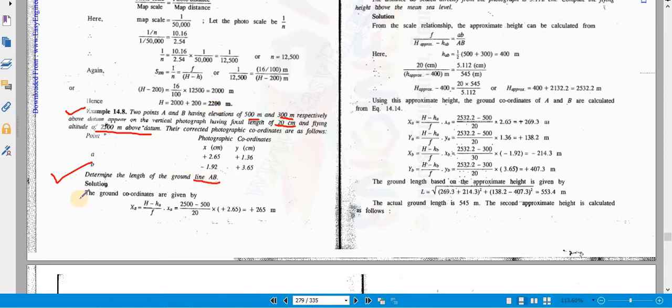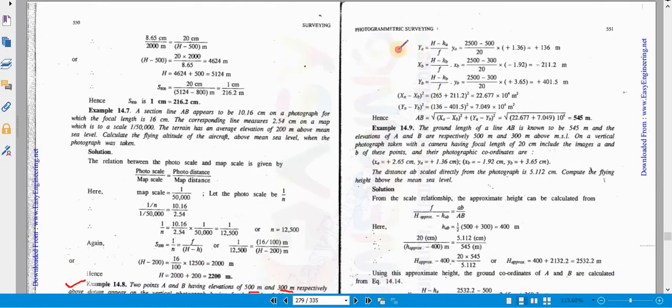We have calculated this in the derivation, so we first calculate XA equals to capital H minus small h a divided by F into xa. Here we have got all the values. We have got the H value, it is flying at an altitude of 2500 above the datum. Small h a, the height of point A, is 500 meter, divided by F. F is the focal length, which is 20 centimeter, and xa we have got plus 2.65. So the value is coming out to be positive 265 in case of capital XA.